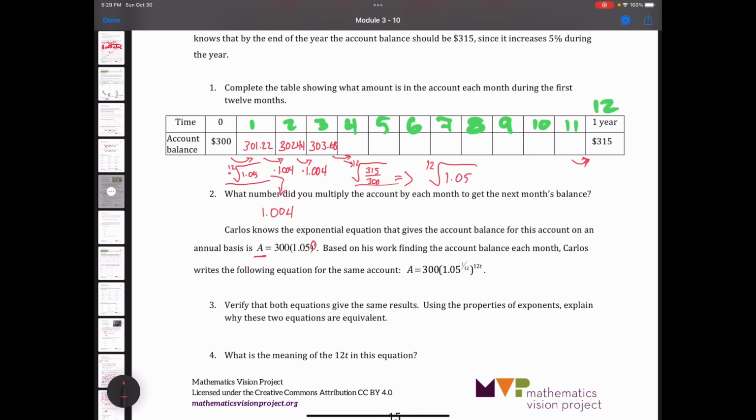Based on his work finding the account balance each month, Carlos writes the following equation for the same account, where now he's got 1.05 to the 1/12th power raised to the 12t power. You need to verify that both equations give the same result using the properties of exponents and explain why these two equations are equivalent.